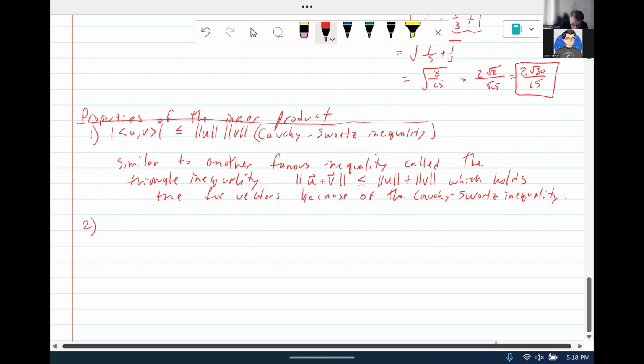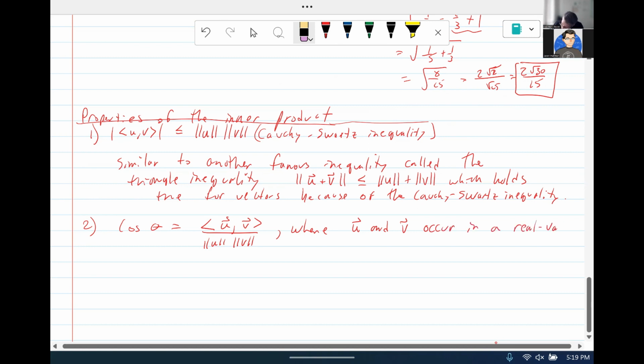Number 2: the cosine of theta is equal to the inner product of u and v over the magnitude of u times the magnitude of v, where u and v occur in a real inner product space.